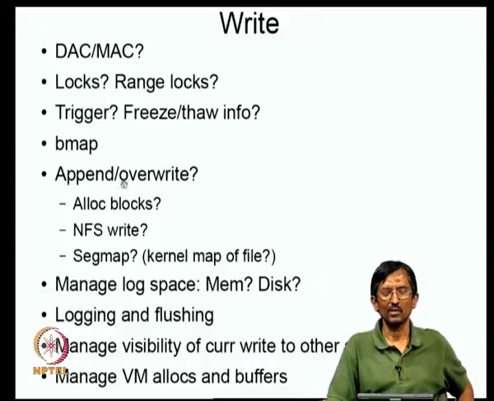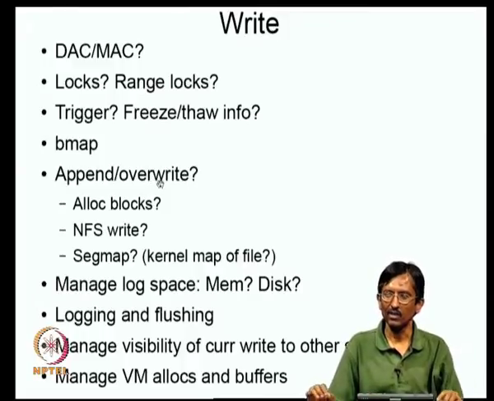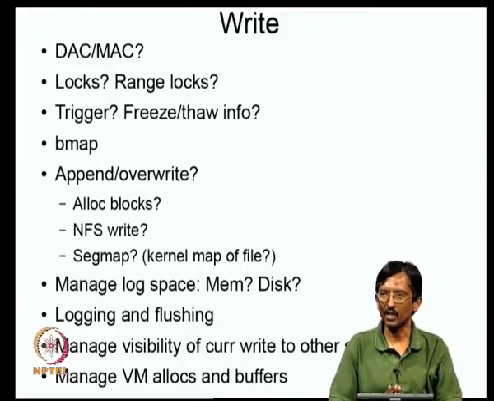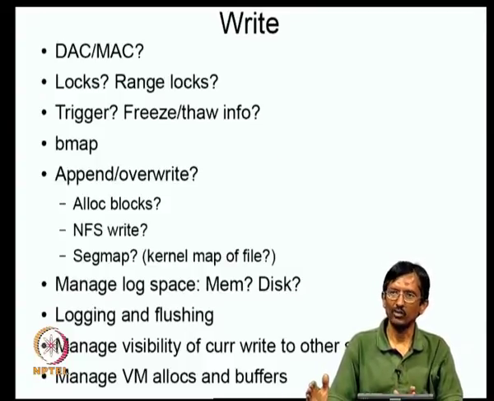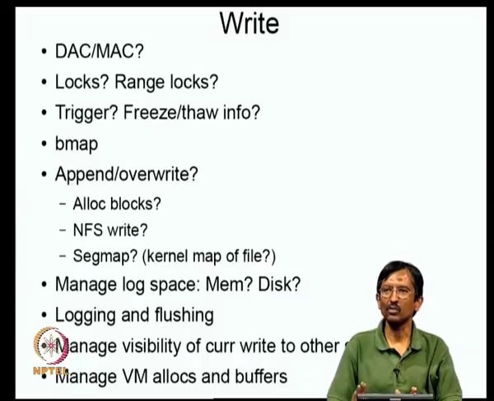And you can also have overrides, and overrides can have holes in them. That means that you can do allocations here also. So BMap can do reads of disk blocks, and with overwrite, what can happen is that you have a file and somebody, without writing anything, has seeked further along. Unix has the semantics that if you seek, you can have holes in it, which means the blocks are not allocated.